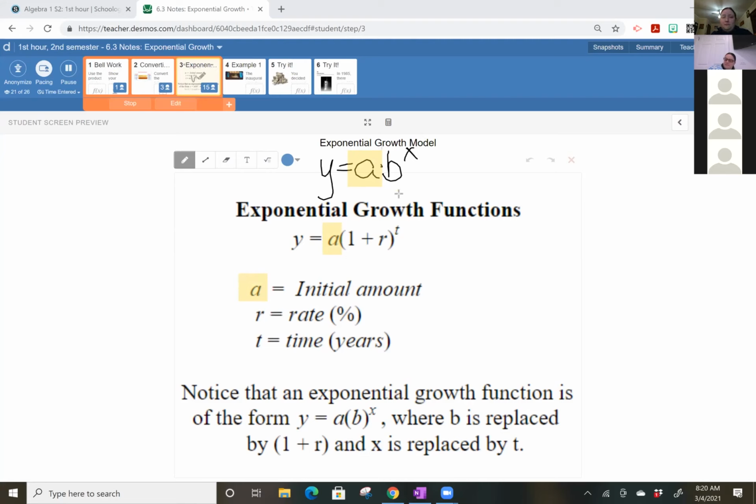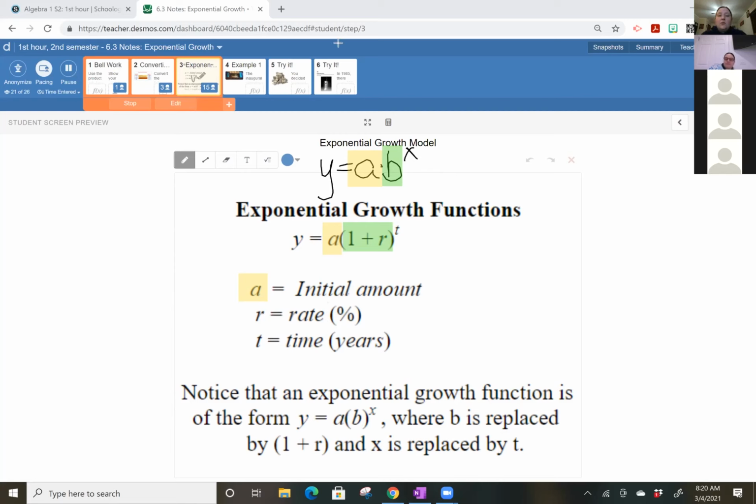Look right here. What's right next to a in this equation? It's 1 plus that r. It's now 1 plus r. So thank you, Rosa. Thank you, Fatma. Yes, the b is replaced with a 1 plus r. So this is how we do exponential in real life, okay? Yes, we do talk about the b value as doubling or tripling, but we talk about percent increase, the rate, and that's where your bell work slide number 2 is going to come into play.